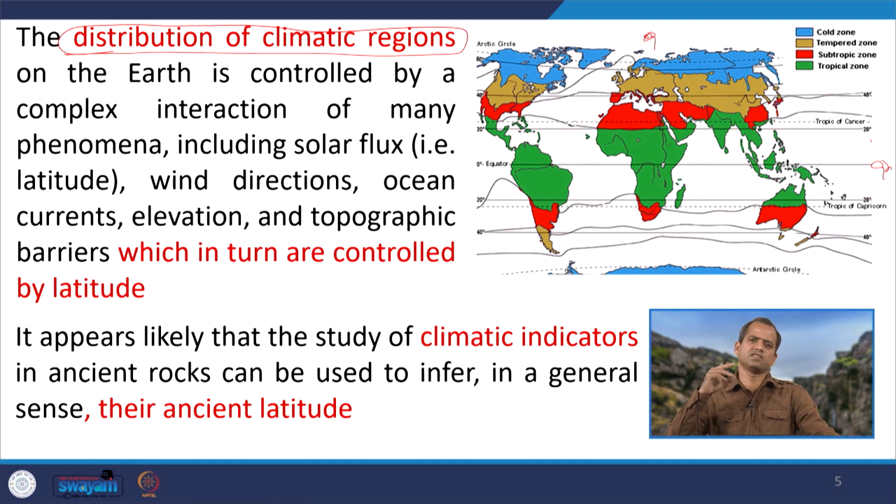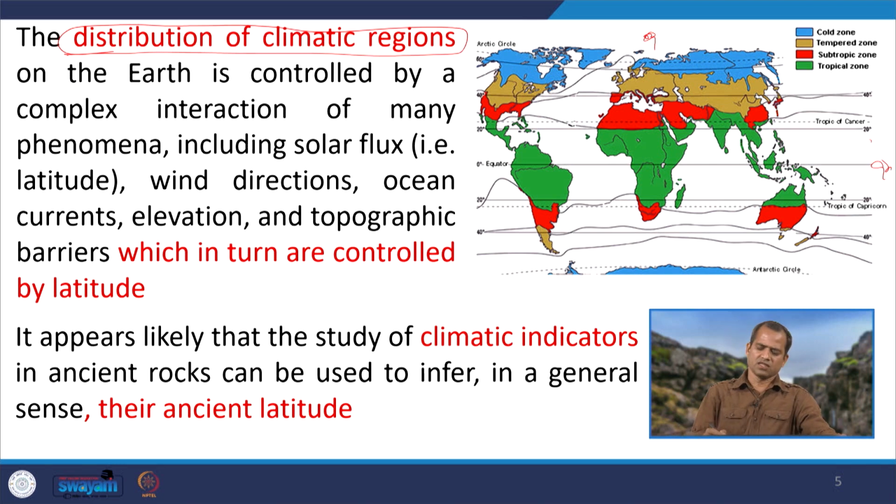Now if it is happening so in the geological past, if in the rock record you are getting ice deposit and tillite in the equatorial region, that definitely says that once upon a time either the climate was changed here, or this region which was in a cold region has now drifted to here.